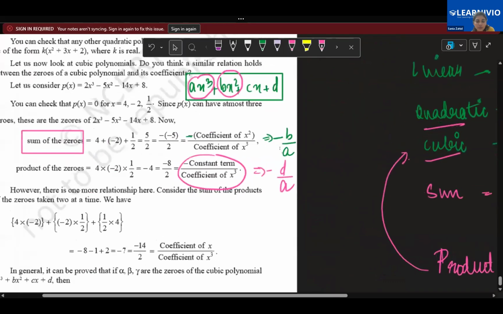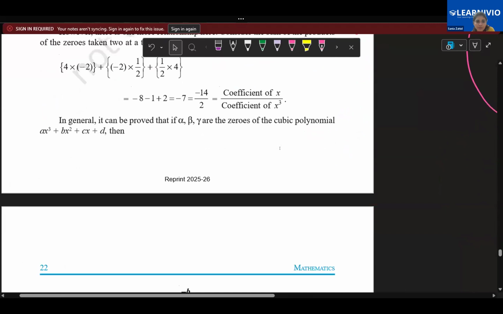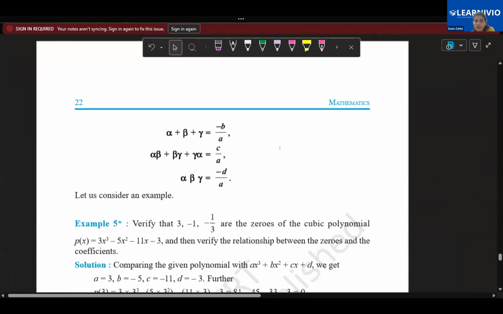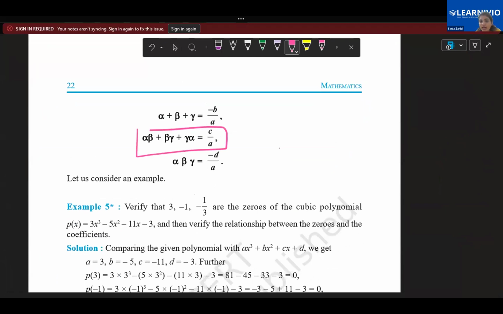So now we shall come to a few questions after the concepts. Okay, there's one more formula over here. You can remember this formula also: alpha beta plus beta gamma plus gamma alpha. See, children, there are three zeros for a cubic, so it's alpha plus beta plus gamma.